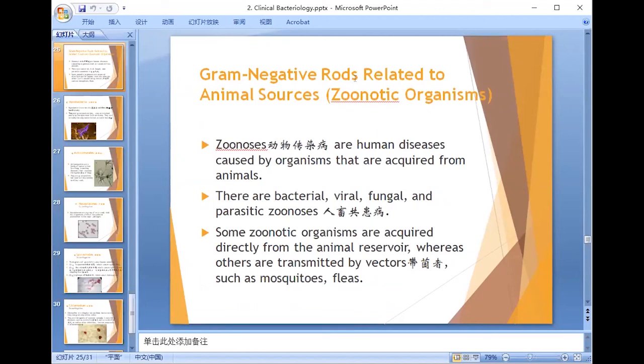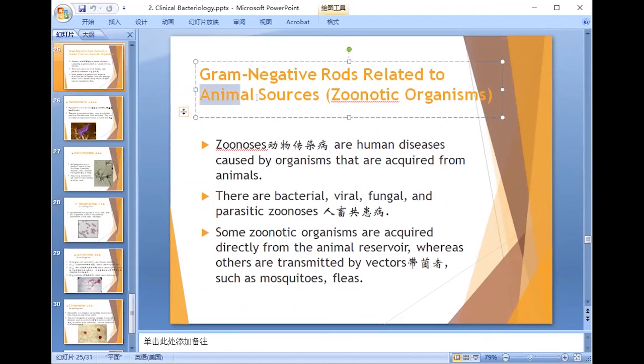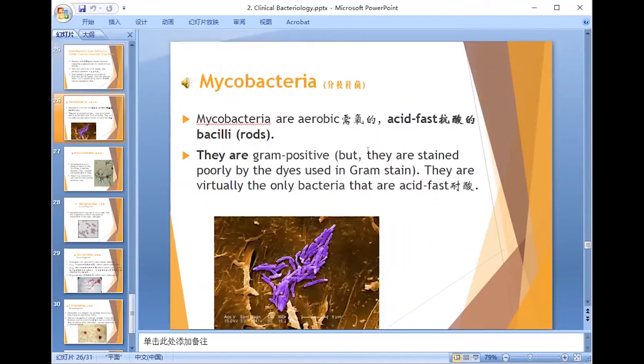And we also have some gram-negative rods with a relationship with some animals, where animals can transmit this kind of bacteria to humans.